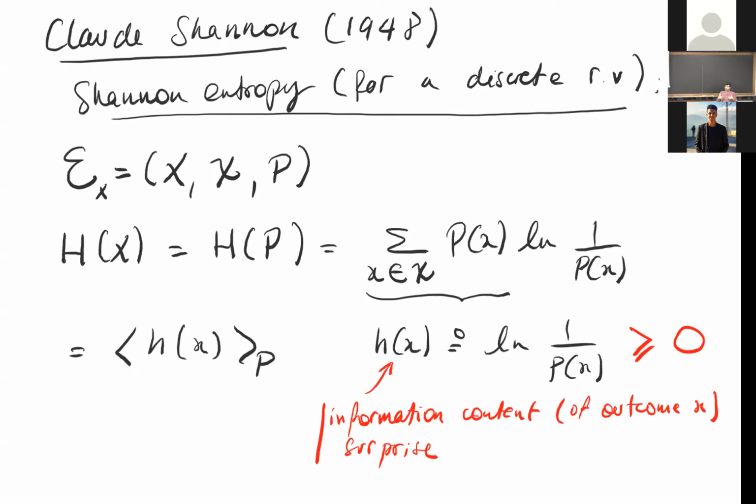So your uncertainty about whether this will happen or not is low. If instead some outcome has very low probability, your uncertainty about the fact that it will occur is extremely high. You would never bet that something with very low probability will happen. And so you have a very high uncertainty about that.